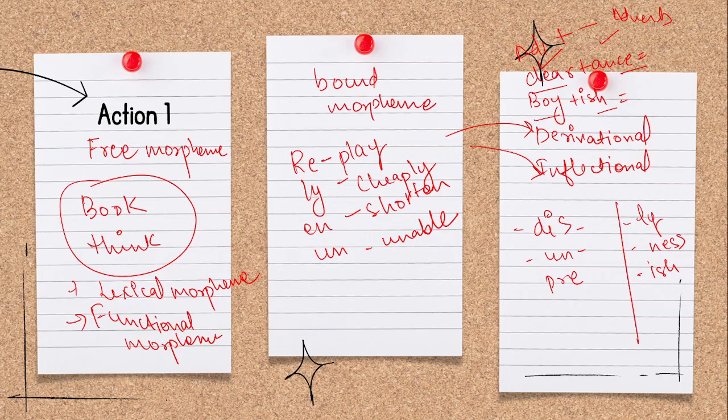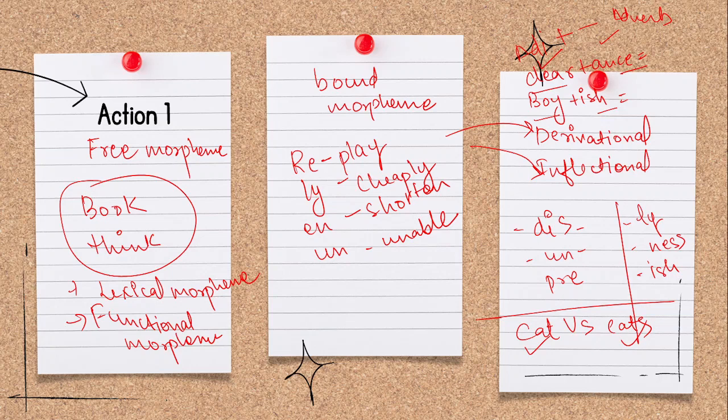When we talk about inflectional morphemes, they change the form but not the word class or the central meaning of the word. For an example, we say cat versus cats. Here it changes singular versus plural, marking a grammatical distinction.